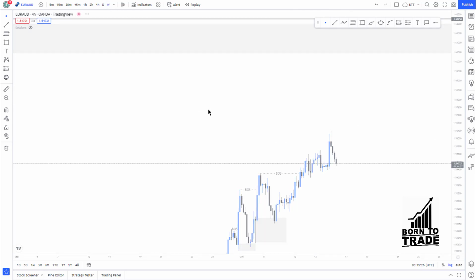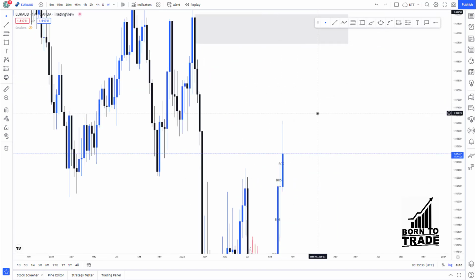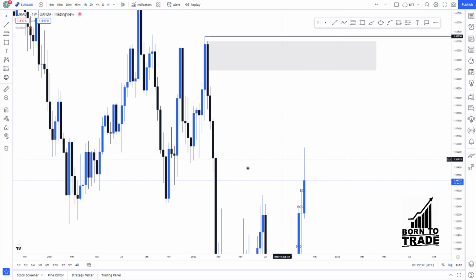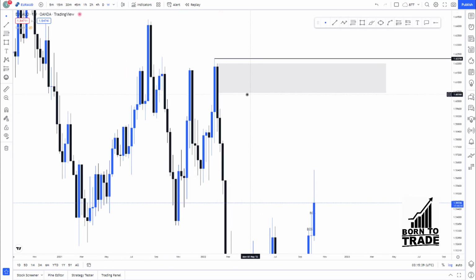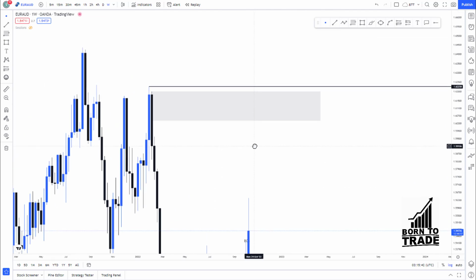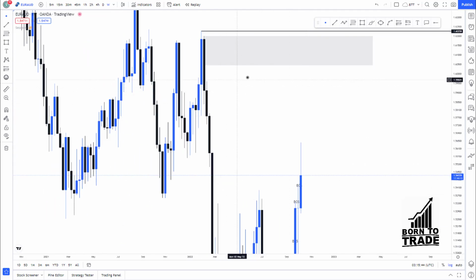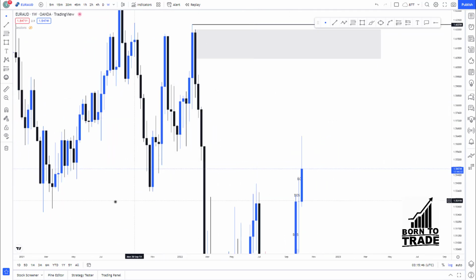Let me show you the higher time frame, because you know they can't continue moving price in the same direction. They will get to a point where they would want to reverse price from. So you can see this is a higher time frame point of interest, and this is where I'm expecting a possible reversal, because you can see we got a break of structure over here.